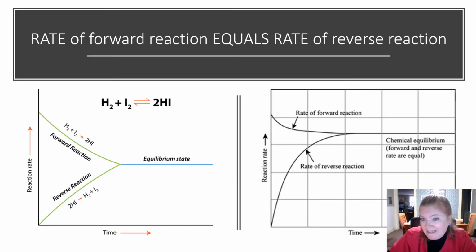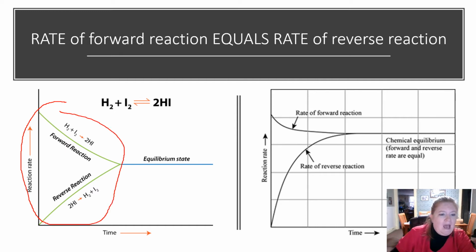This kind of leads into rate. The rate of the forward reaction has to equal the rate of the reverse reaction. You can see as this reaction first starts, I have no HI, and all I have is H2 and I2.